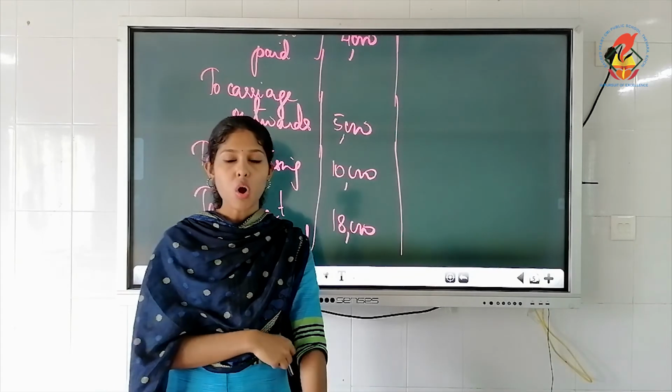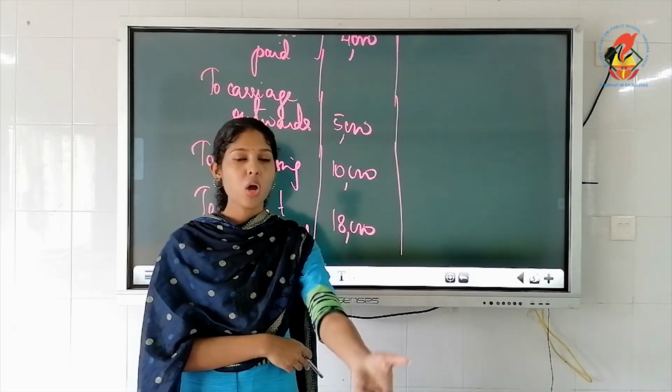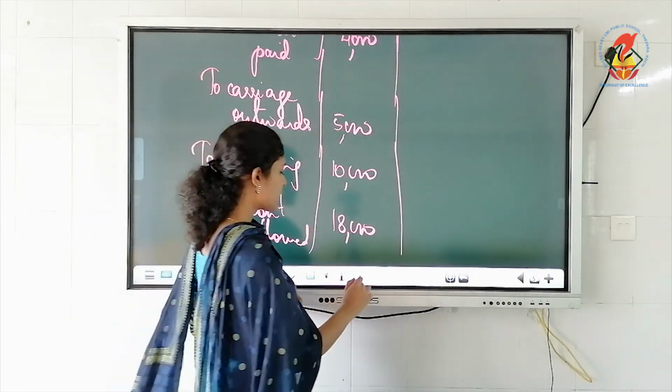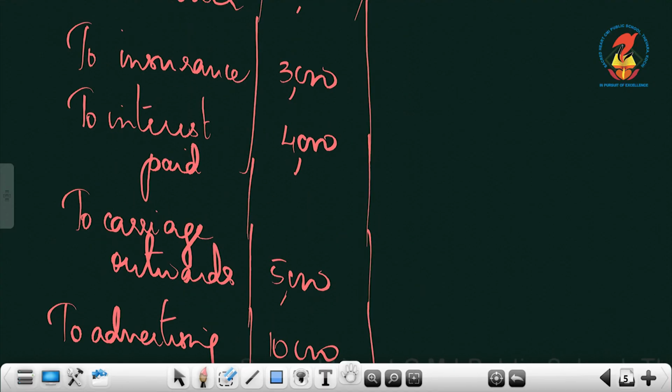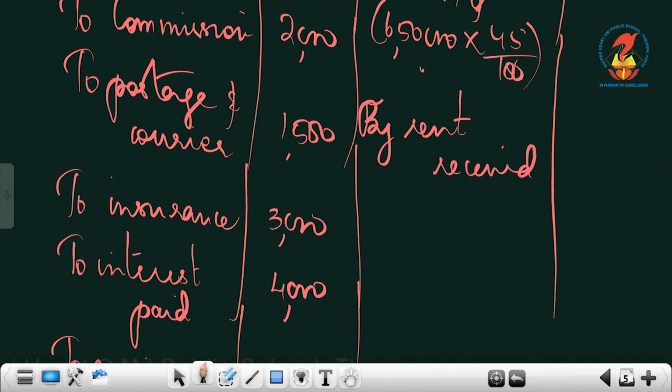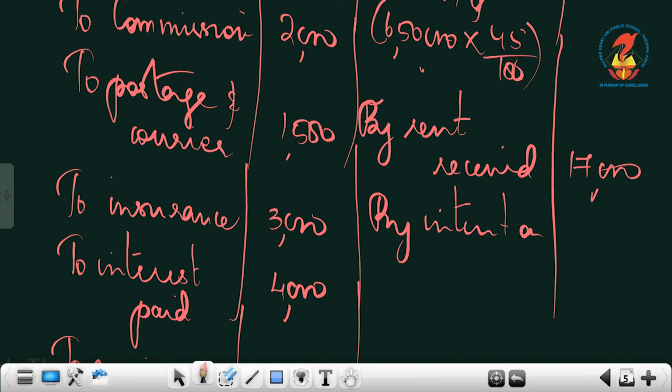Then the next is rent received. Then interest on investment. You invested some amount, on that you are getting interest. So rent received and interest on investment, these two are indirect incomes which should be written on the credit side. Rent received 17,000. Then interest on investment 15,000.